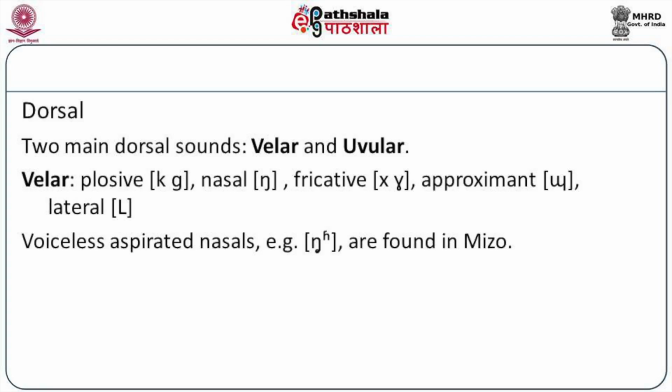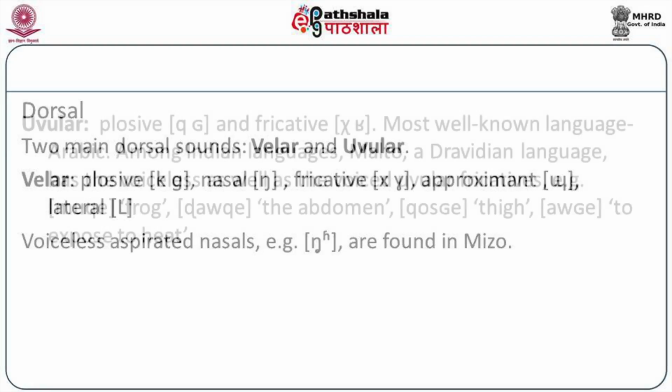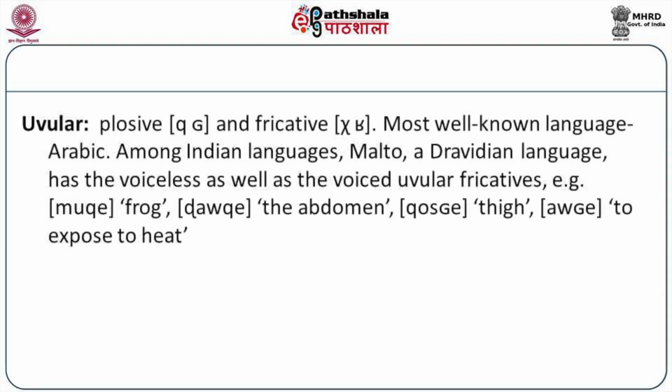The second place of articulation, which is dorsal, is the uvular place of articulation. We have mainly two manners of articulation which are uvular, namely plosive and fricative. These are not so easy to practice. Again, go to the chart and try and listen to them and practice them. I will attempt a pronunciation of them here.